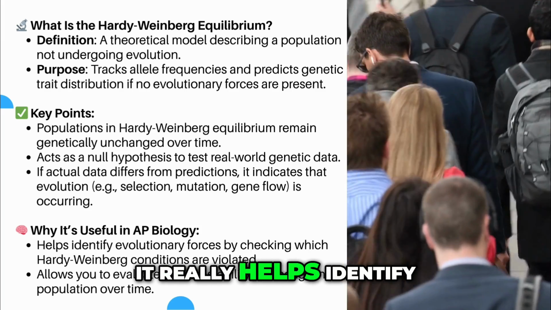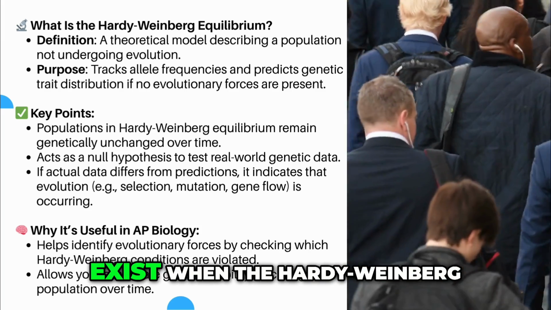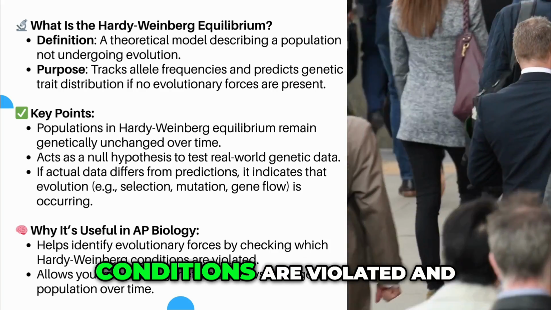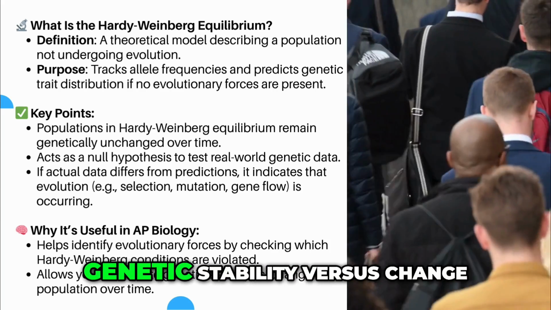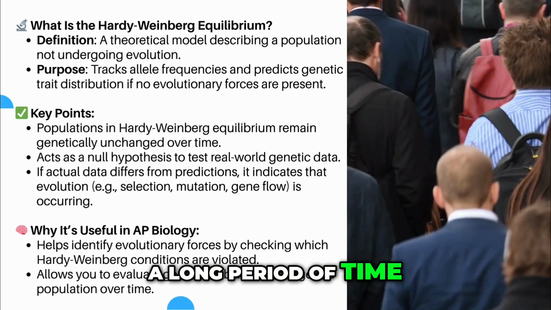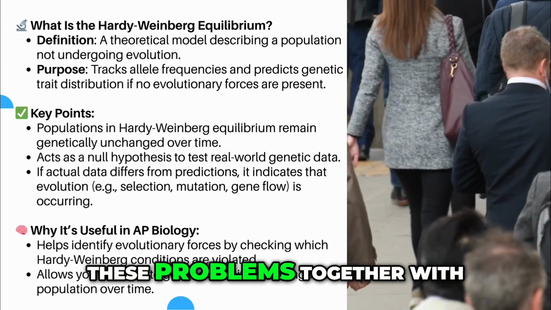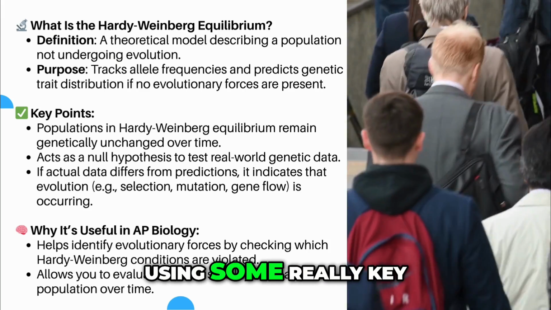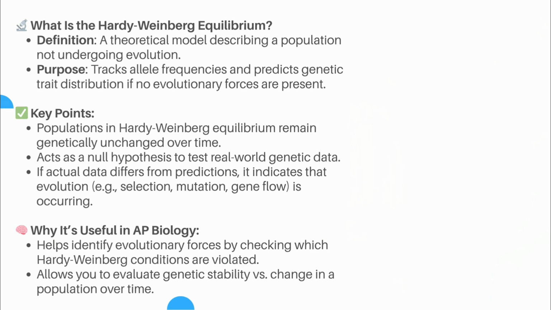It really helps identify those evolutionary forces that exist when the Hardy-Weinberg conditions are violated, and allows us to take a look at genetic stability versus change in a population over a long period of time. So make sure you stick around as we're going to tackle some of these problems together using some really key equations that you need to know for test day.